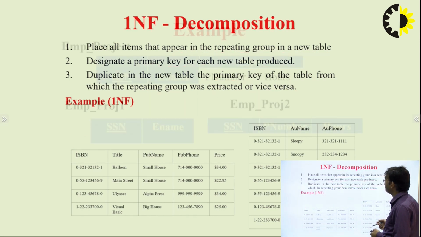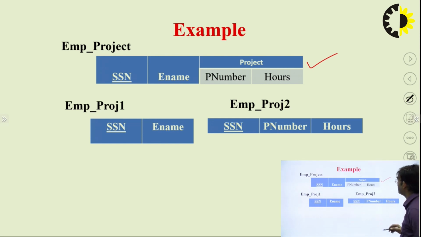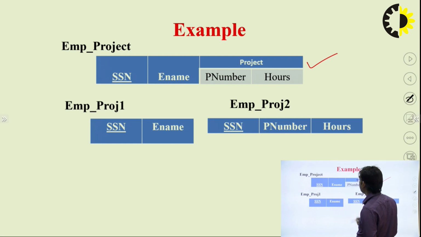Now we have to take one more example. This is the relation. We have to identify whether this relation is in first normal form or not. What are the properties? How do we identify whether a given relation is in first normal form or not? So in this table there is SSN, this is the primary key, e-name, and there is a project.